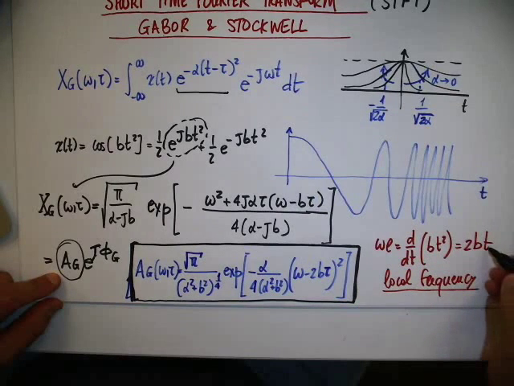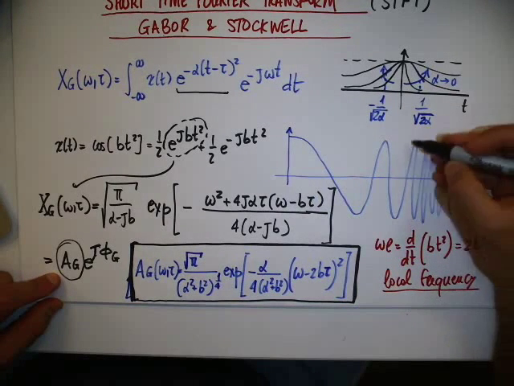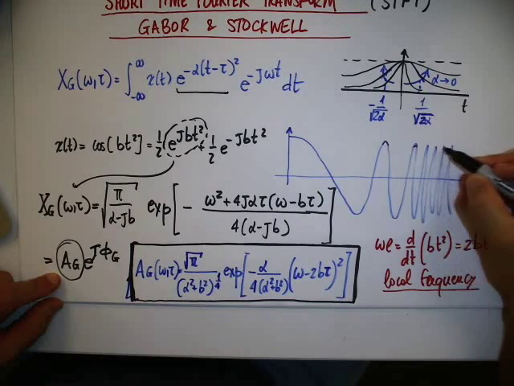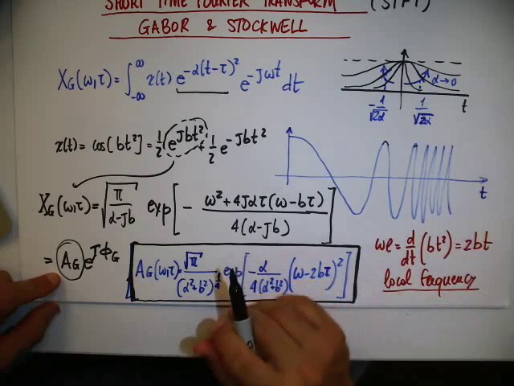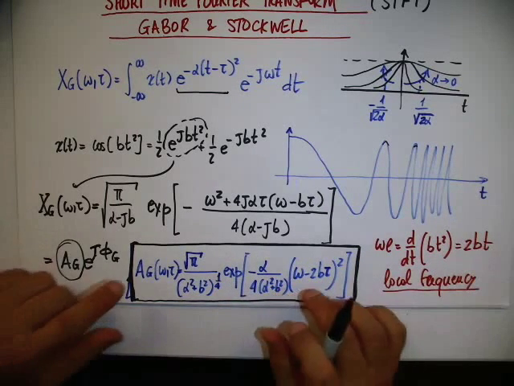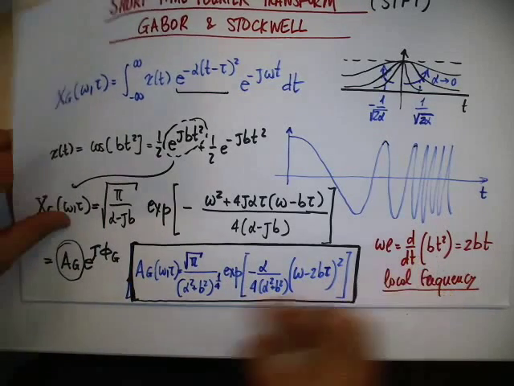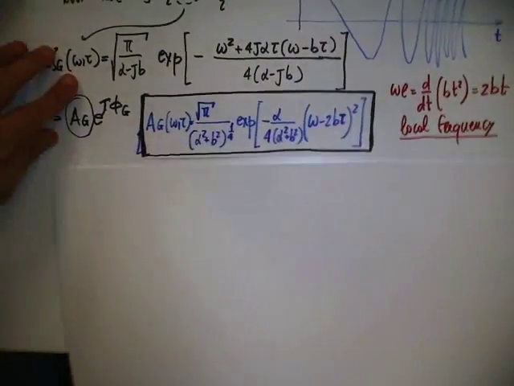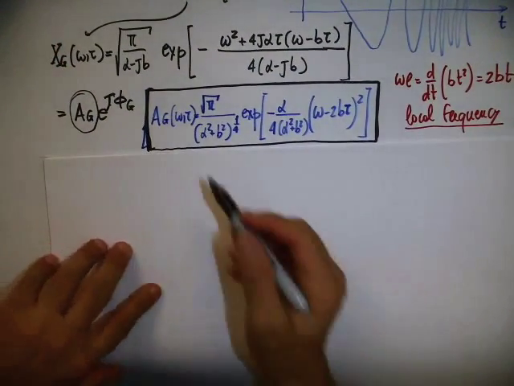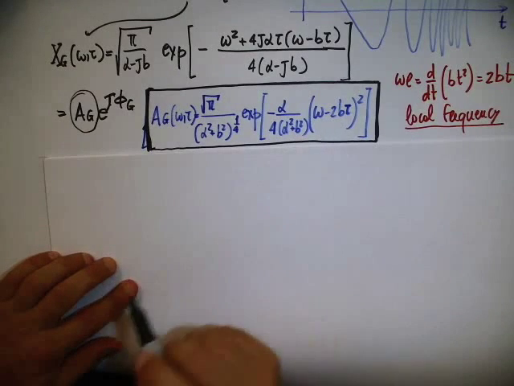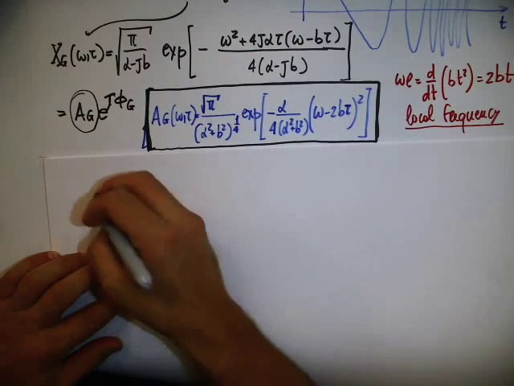Okay, so as time increases, the local frequency becomes bigger and bigger, as you can see. And let's try to learn more out of this formula. This looks like a complex exponential, as I showed before.